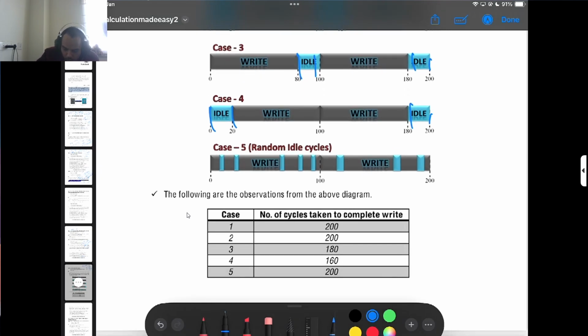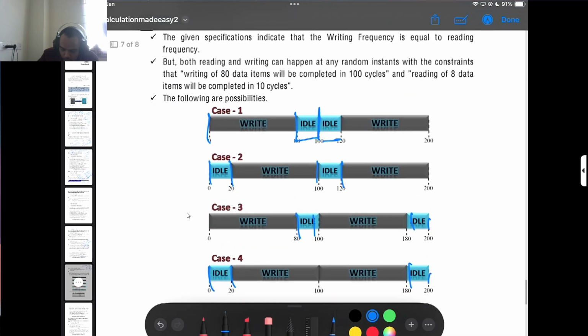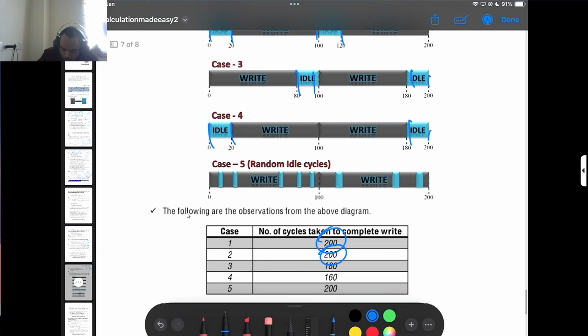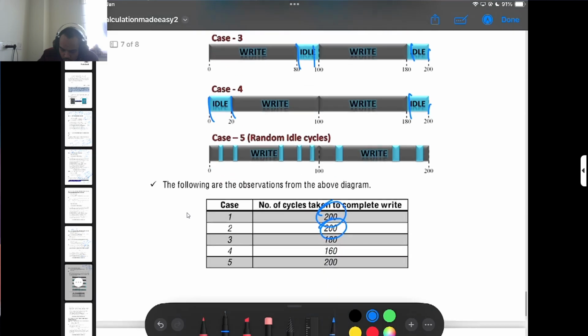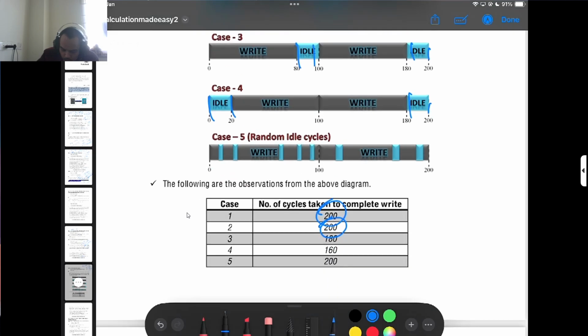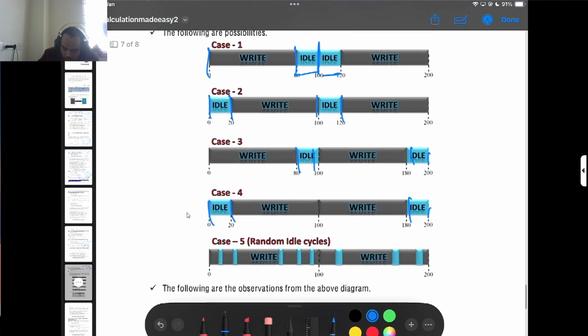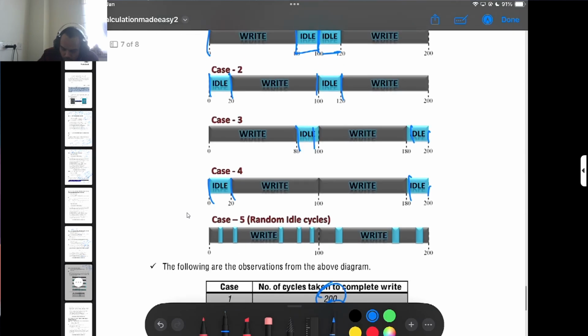So the following are the observations from the above diagram. Case 1, number of cycles taken to complete write is 200, and case 2 number of cycles taken to complete write is 200, 200, 200. Those will be the cases. But the number of cycles taken to complete write in case 3 is 180.